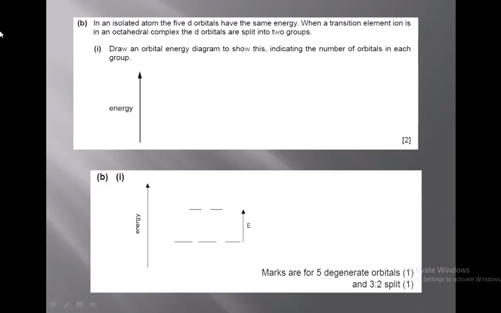The eg group is basically the dz squared and dx squared minus y squared set of d orbitals, while the t2g group at lower energy is dxy, dyz, and dzx orbitals. So the five d orbitals are split into two groups. Two are at higher energy level, while three are at lower energy level. By drawing this diagram, you are able to attain 2 marks.